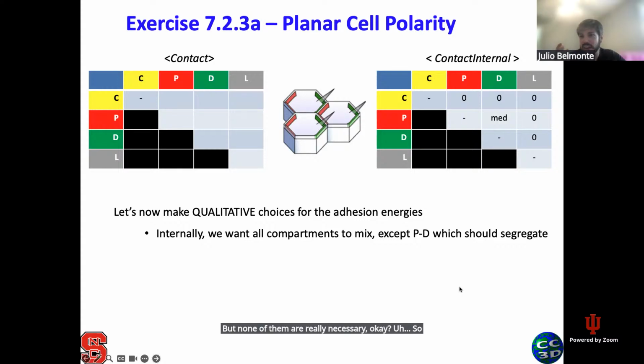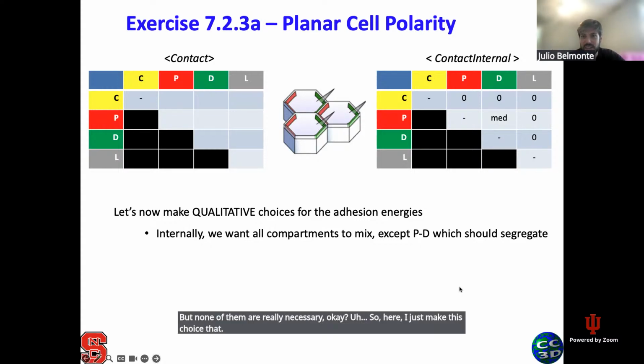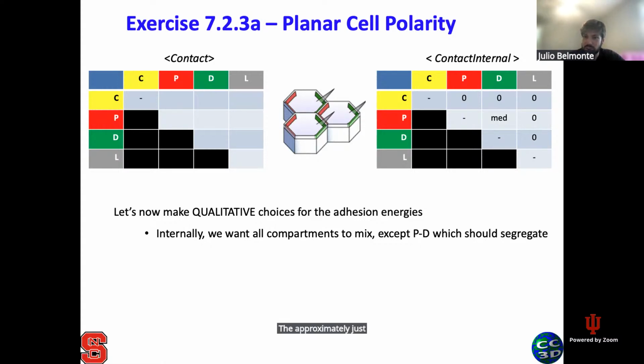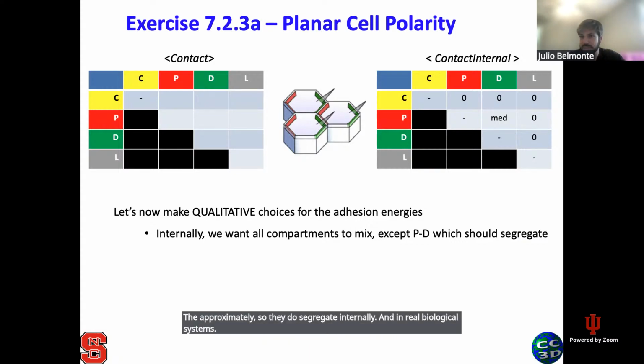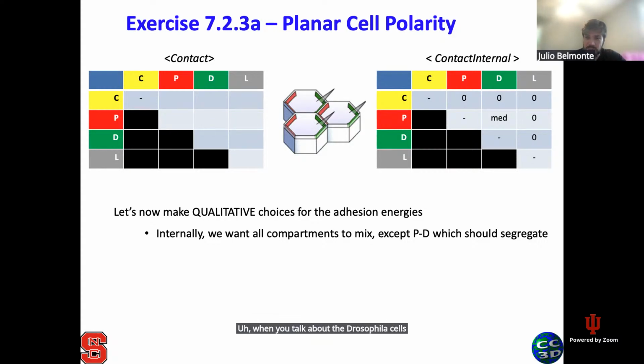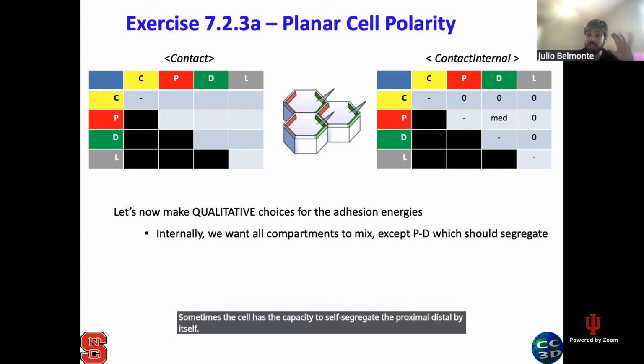So here I just make this choice that the proximal distal, they do segregate internally. And in real biological systems, sometimes this happens, sometimes it does not happen. When you talk about the Drosophila cells in the wing, the fruit fly, sometimes the cell has a capacity to self-segregate the proximal distal by itself, and sometimes the cell does not have this property.